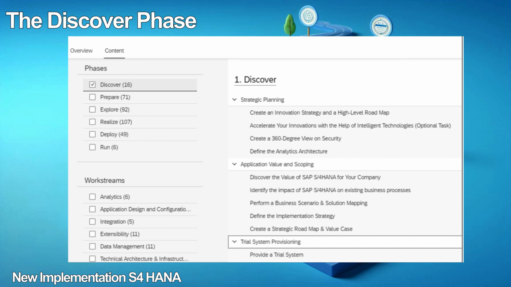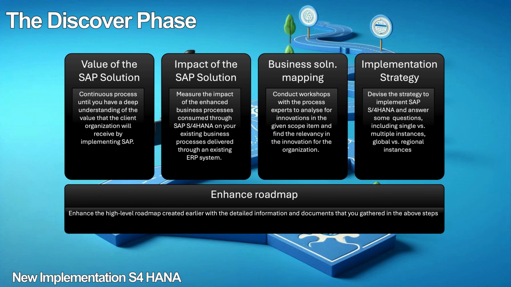With the strategy in place, it's important to understand the scope of changes and the value that the new SAP S4 HANA system will bring into the client organization. To do this, you must first establish the value of the solution. Establishing the value is a continuous process until you have a deep understanding of the value that the client organization will receive by implementing SAP.